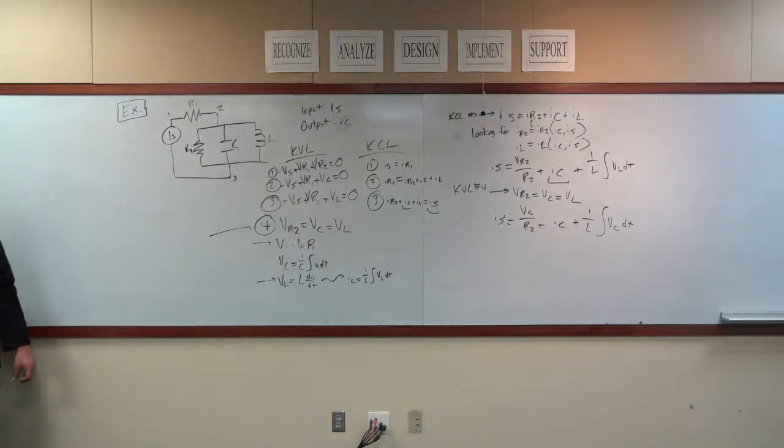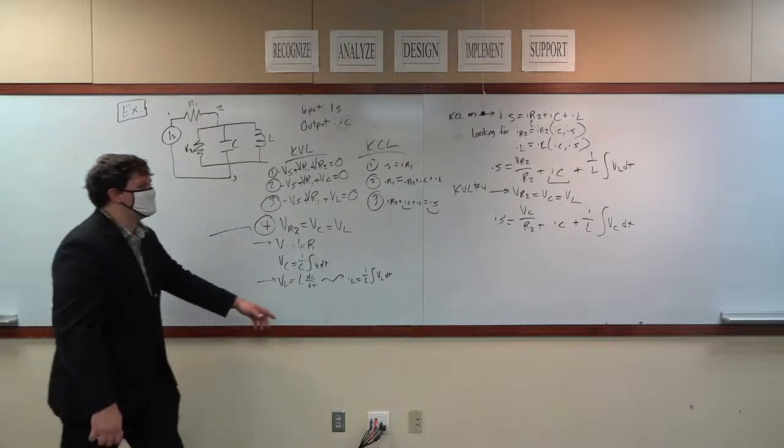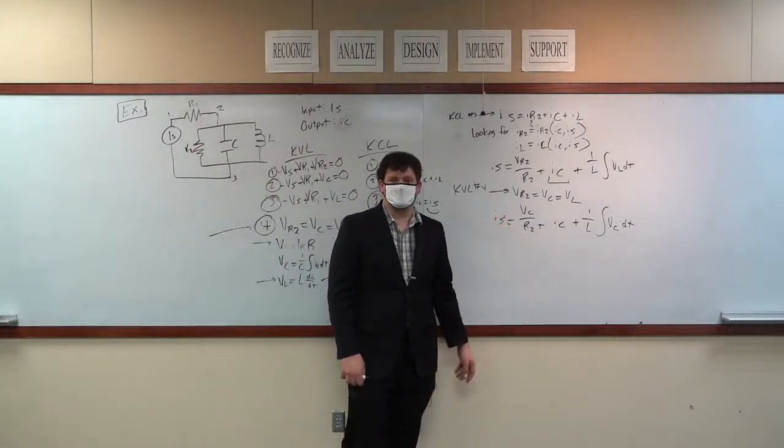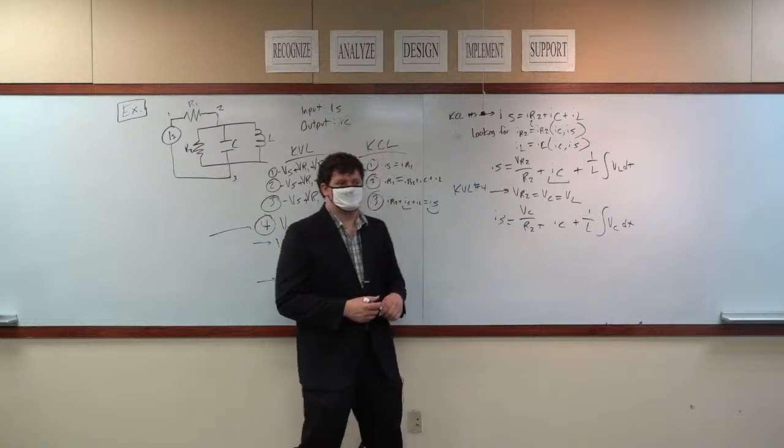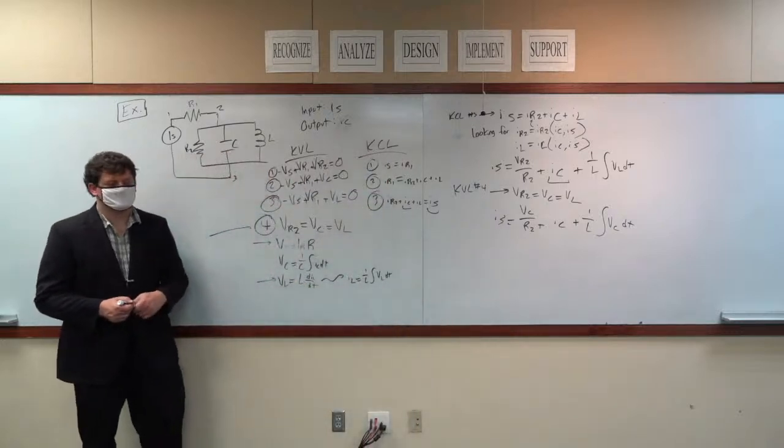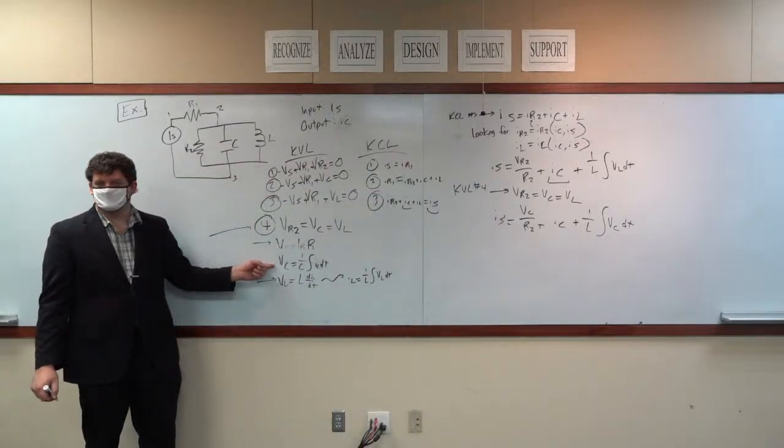What is the next step? How do we get VC in terms of IC? We have one equation.